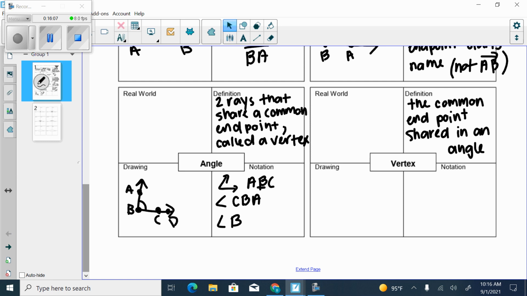All right, now I want to point out, angle is L-E, not angel, angle. So when we're doing this throughout the year, L-E, angle. We're not talking about angels.